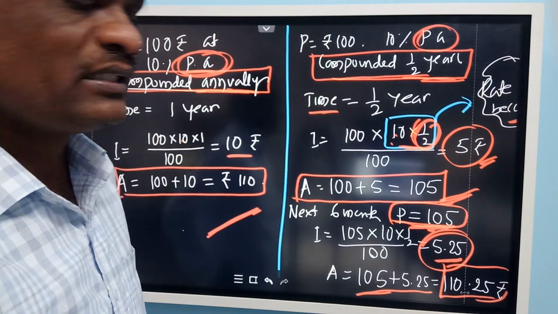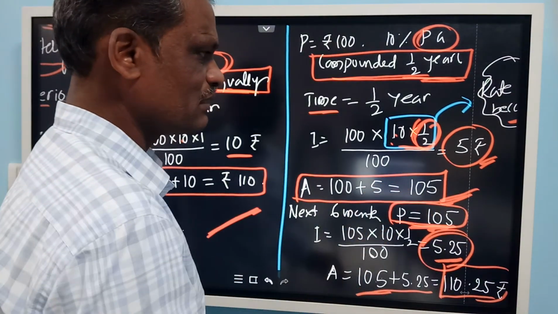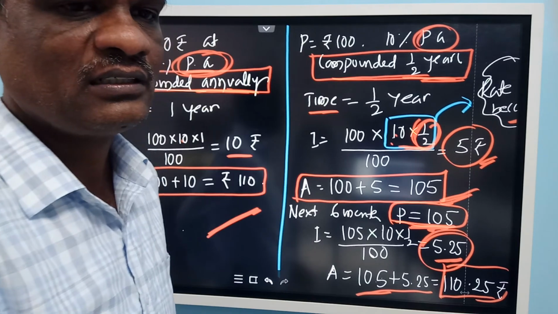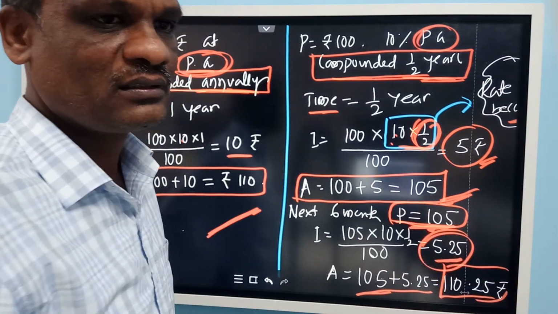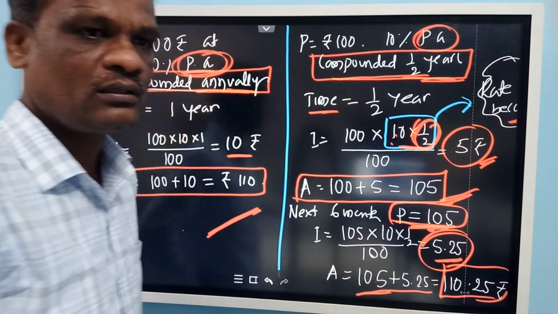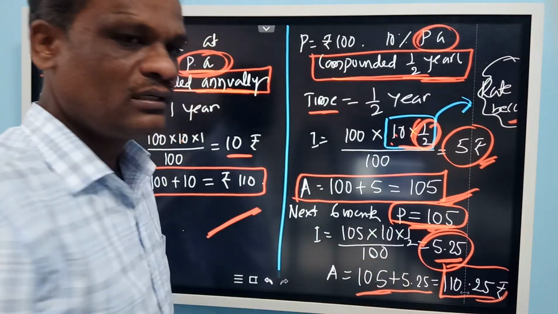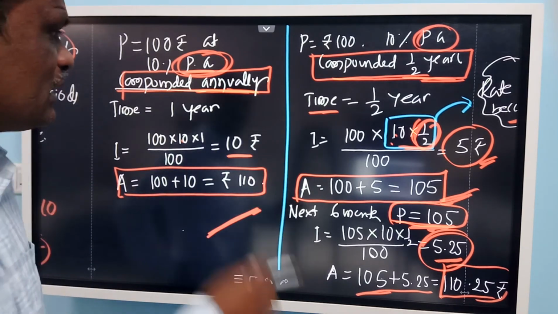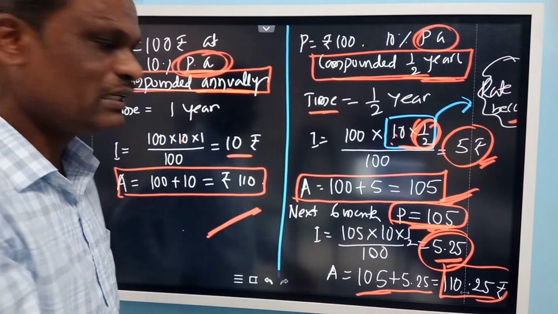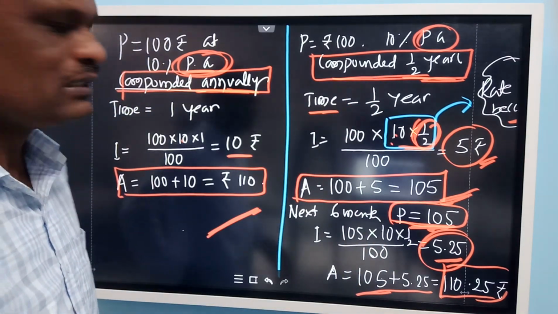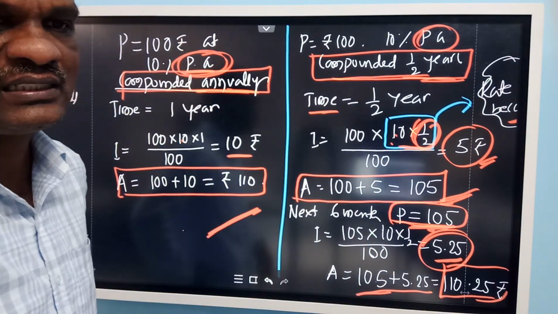So that is interest calculated on the interest here. This is the interest, and again on this interest you are calculating interest. So it is interest on interest, 2 times in a year. That's why you are getting more interest in the half yearly calculation compared to the annual calculation. Both are compound interest only, but half yearly calculation means you get more interest, and annual calculation means you get less interest.